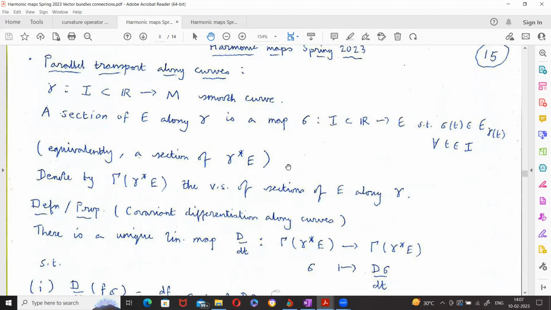Okay. And then there was a unique linear map, the covariant derivative, capital D sub dt, from sections of E along gamma to sections of E along gamma.